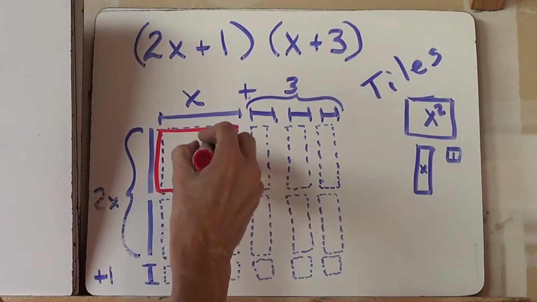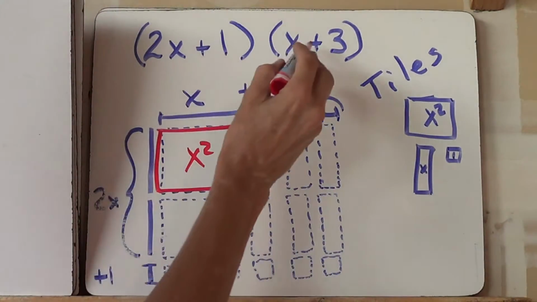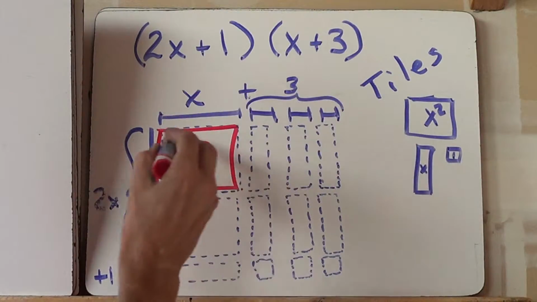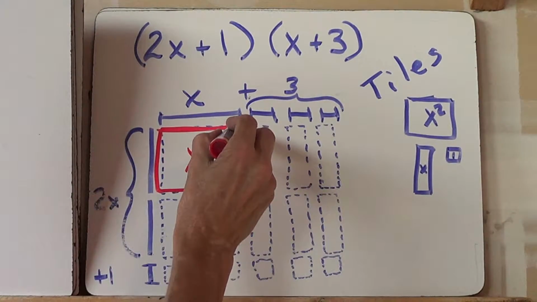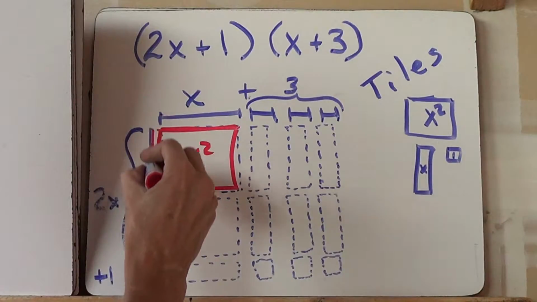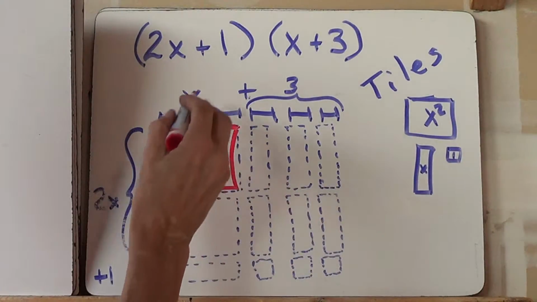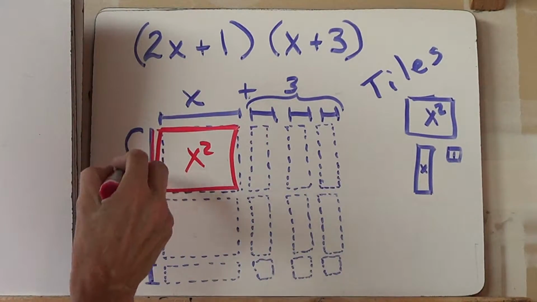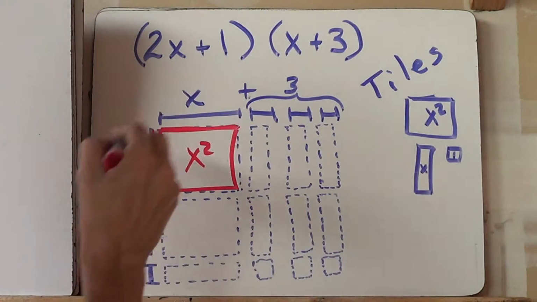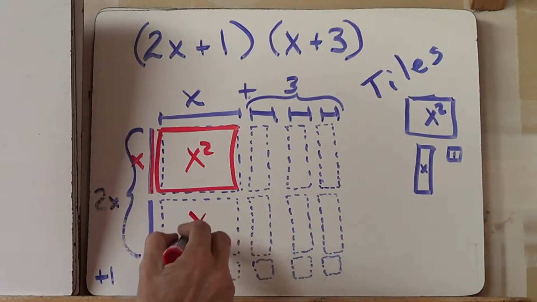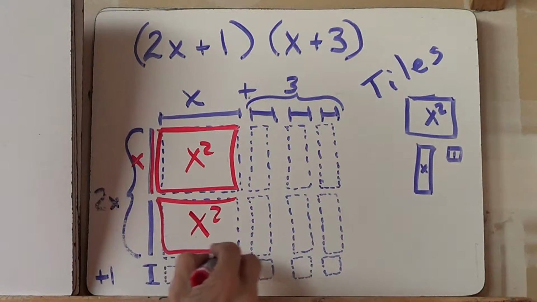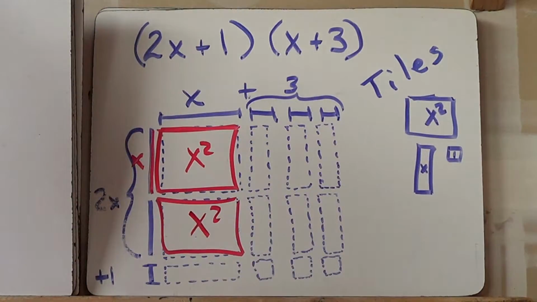That's the x squared. So if we take x plus 3, we line up the length of that x, the length of this x, it's building an x squared, because x times x is x squared. X times 2x would end up being 2 of those x squareds.